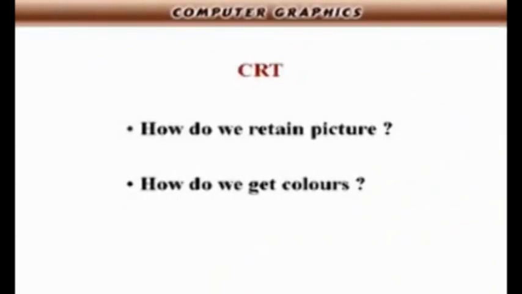But now we come to two different problems. How do we make the glow to appear permanently, or as long as we want the image to be shown? And the second problem is, how do we get different colors? Let's first address the second problem. The answer lies in the phosphor coating.